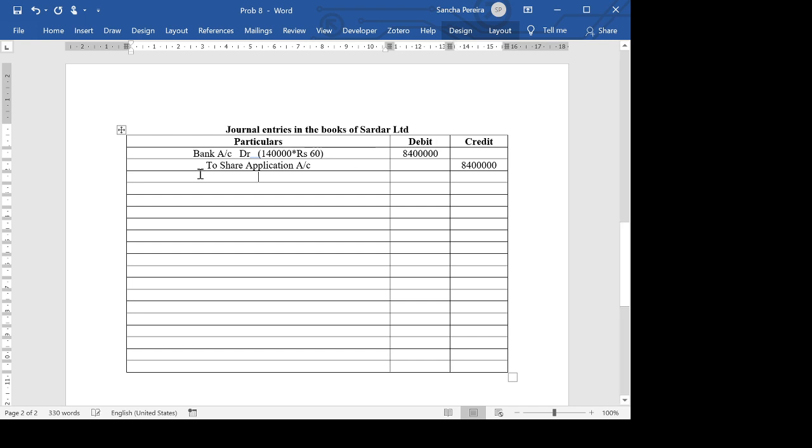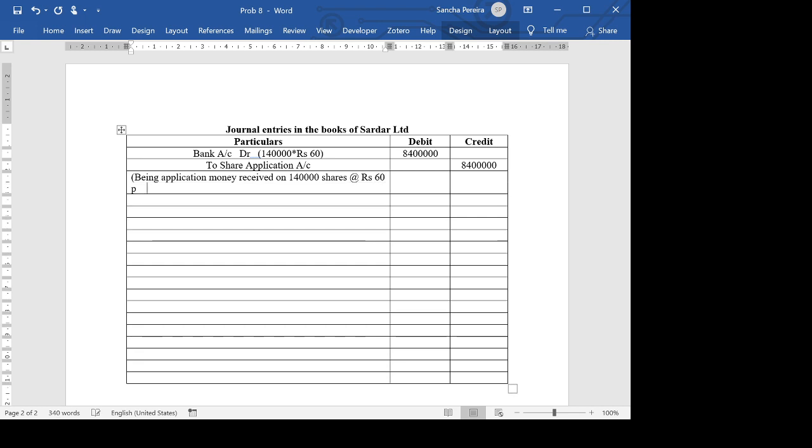Okay, so I'll say being application money received on 1,40,000 shares at the rate of rupees 60 per share because application 60 rupees is collected on application. Okay, so that's the first entry.